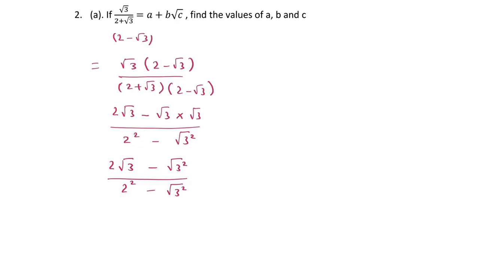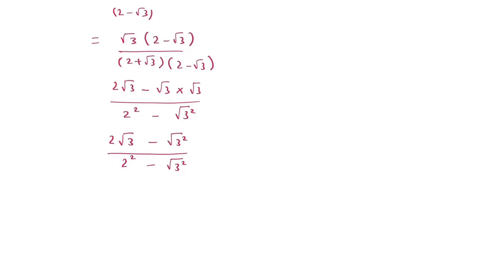Okay, so we have to remember that any number, when it is under root and it is squared, equals the same number, which means this under root 3 squared is going to equal 3. Okay, so using that concept, our expression is going to be 2 under root 3 minus 3 over 4 minus 3.